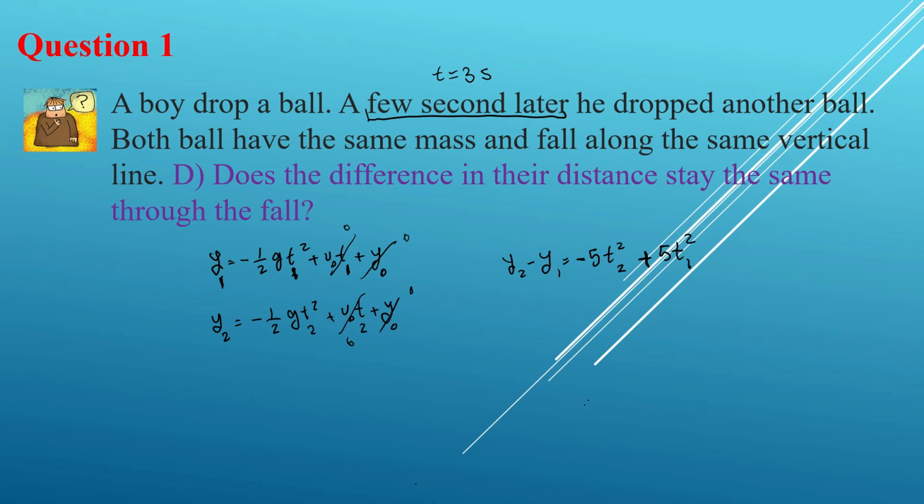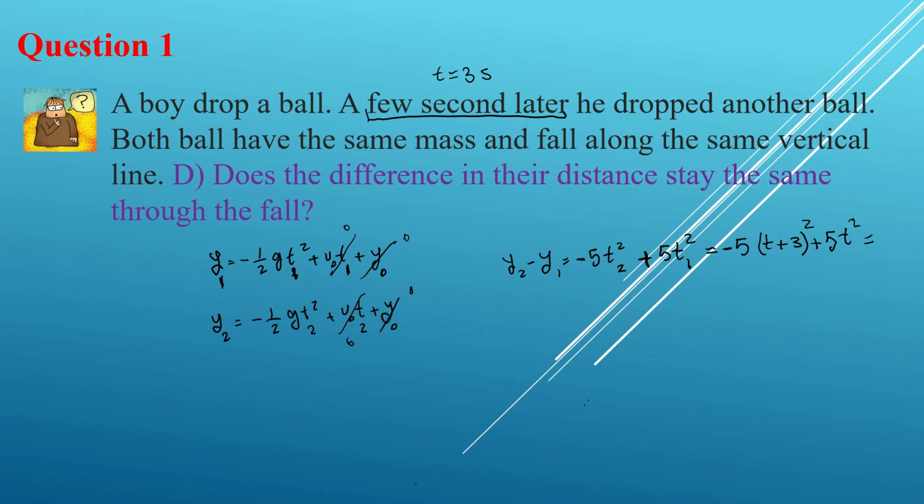Let me substitute this. So this is going to be minus 5 times (t plus 3 seconds) squared plus 5t squared, right? And this is going to be a square, correct?